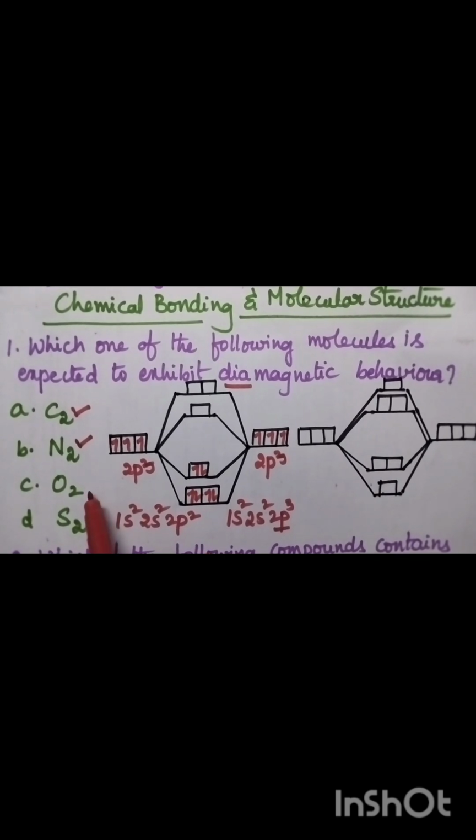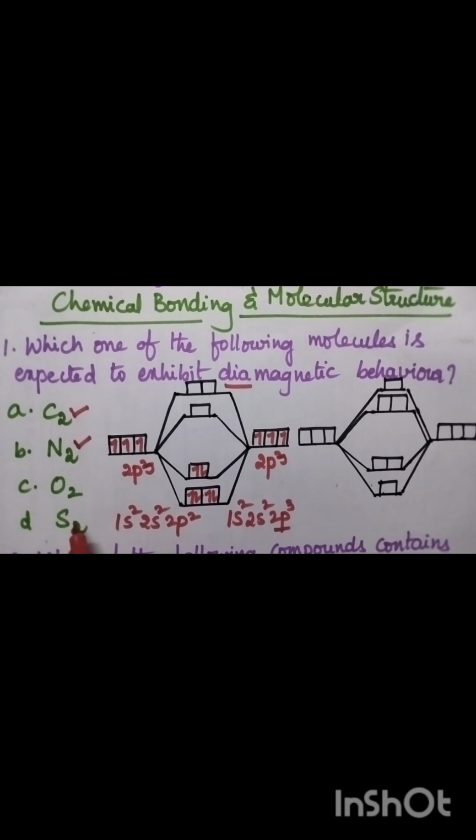Moving to oxygen, here sulfur also belongs to the oxygen family. So once we consider the molecular orbital diagram of oxygen, it explains the behavior of both oxygen and sulfur.